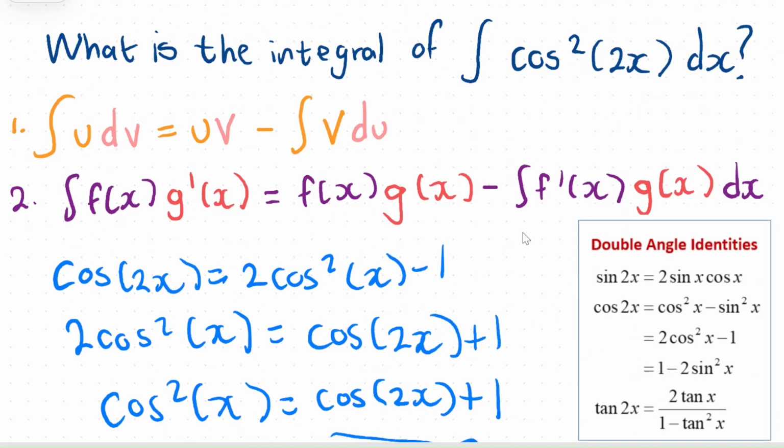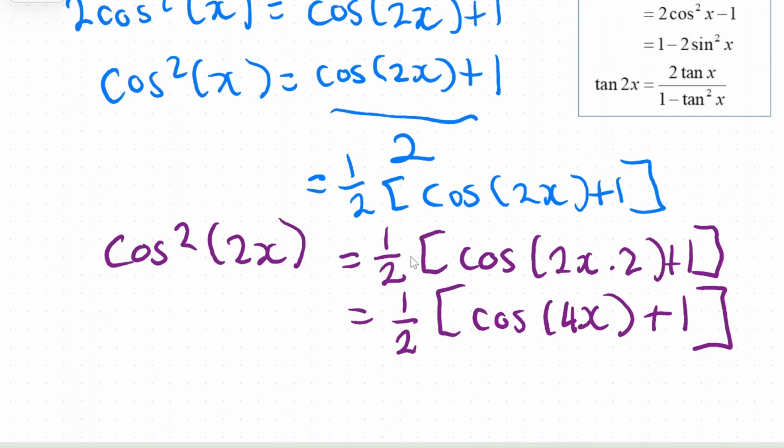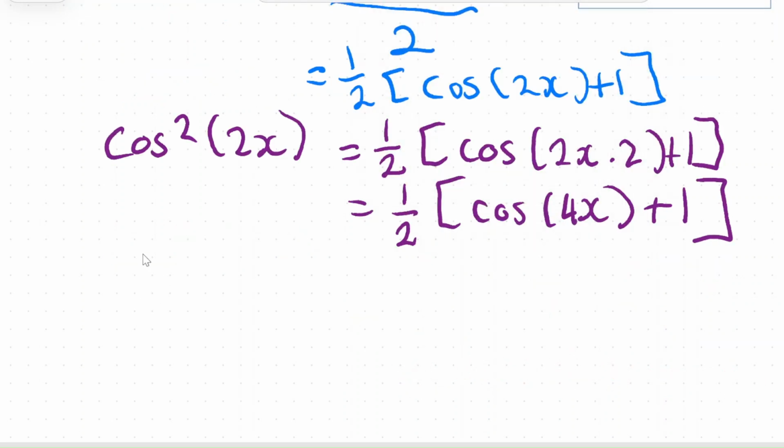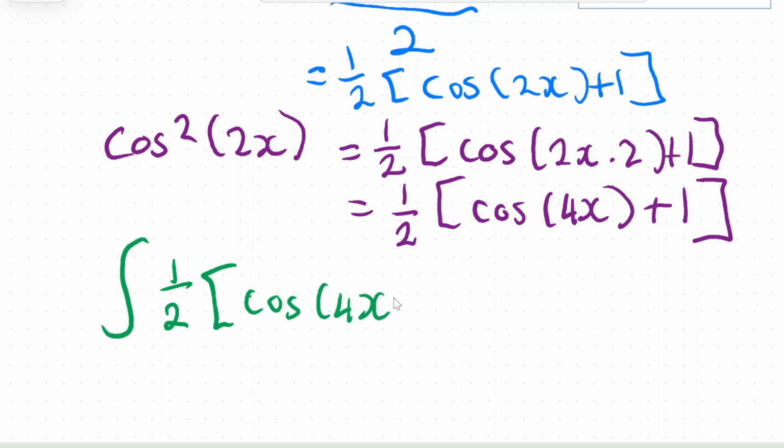So now we can see that we've written cos squared of 2x to be half of cos 4x plus 1. Because all we need to do now is rewrite the integral in this manner, saying half of the integral of cos 4x plus 1 dx.